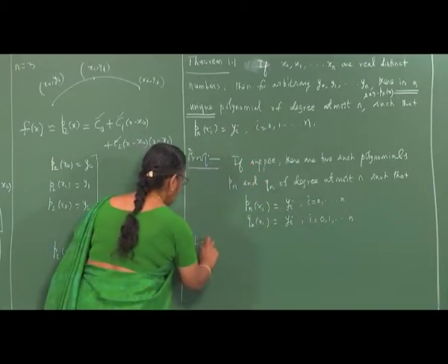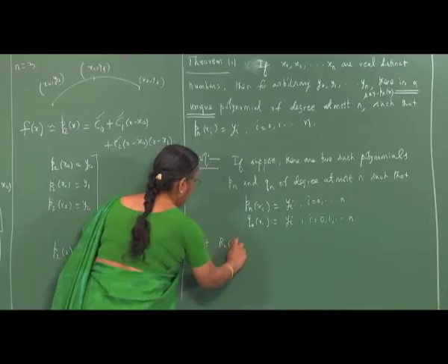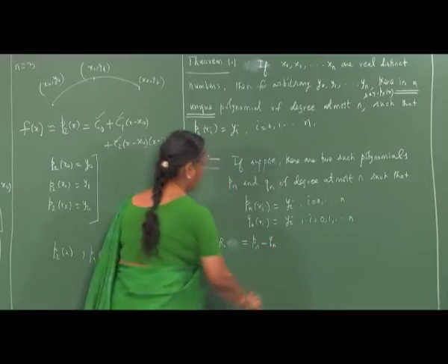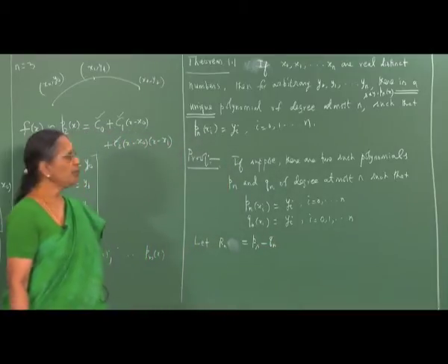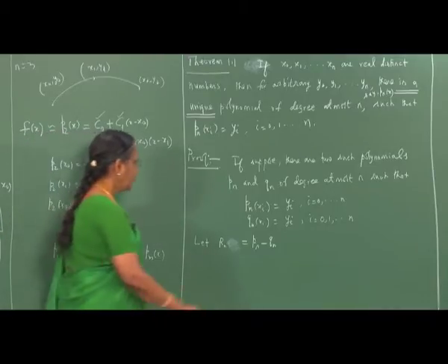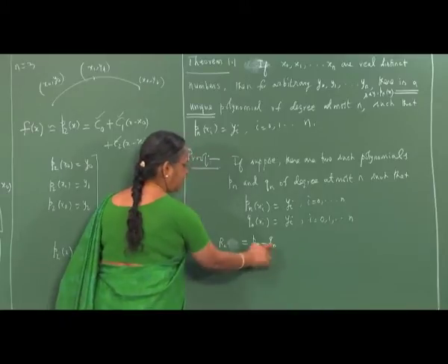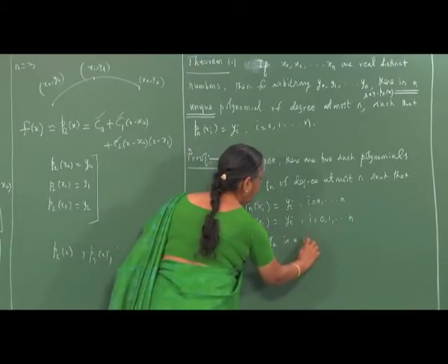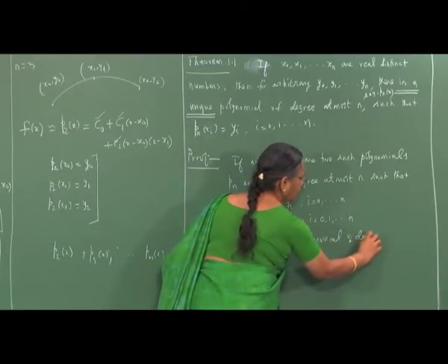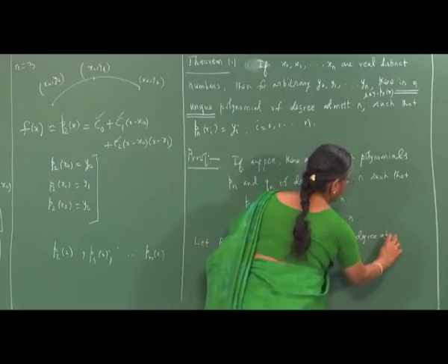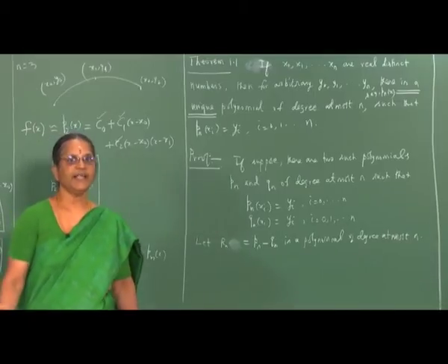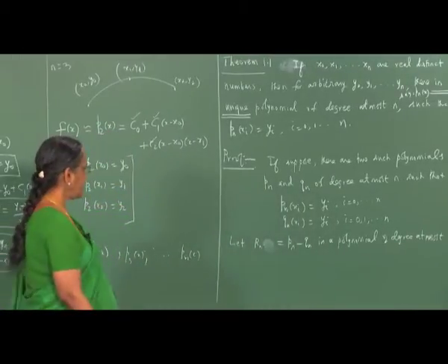So, let us call Rn equal to Pn minus Qn. So, Pn and Qn are polynomials of degree at most n, and so Rn, which is the difference between these two polynomials, is a polynomial of degree at most n. Then what other property does Rn satisfy? Let us see.